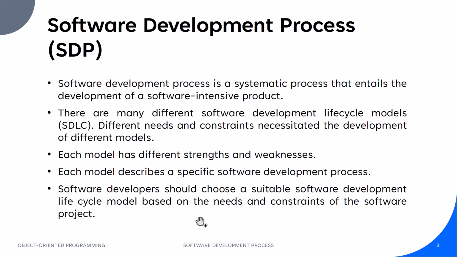To learn about these different models, there are software engineering courses that you can take to learn what their strengths and weaknesses are, in which conditions they are used, and how they benefit customers and users. Software developers should choose a suitable software development lifecycle model based on the needs and constraints of the software.